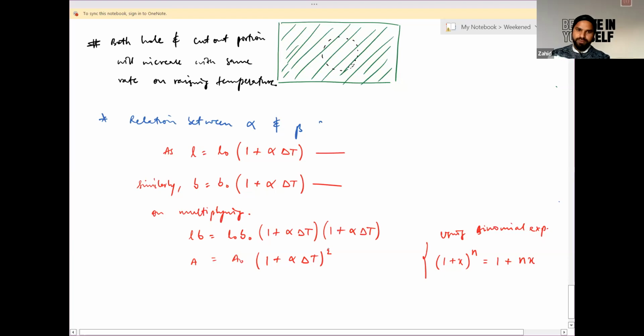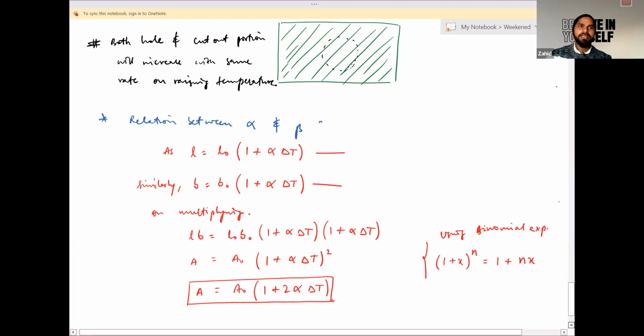So we have 2, the exponent of this entire part, which will get multiplied with this alpha. So you will get A naught (1 plus 2 alpha delta t) equals A. So this is another expression we got for length into breadth.